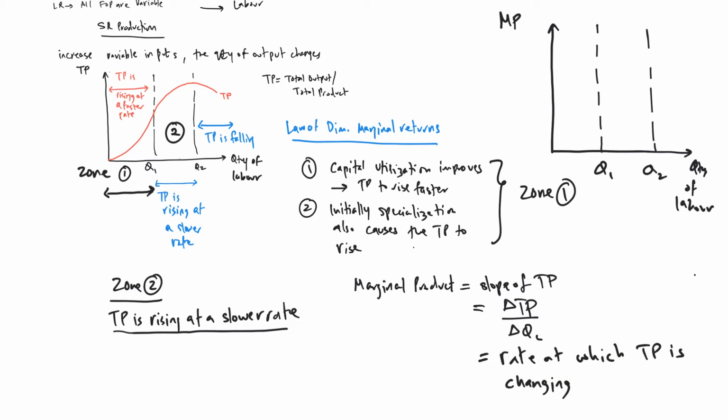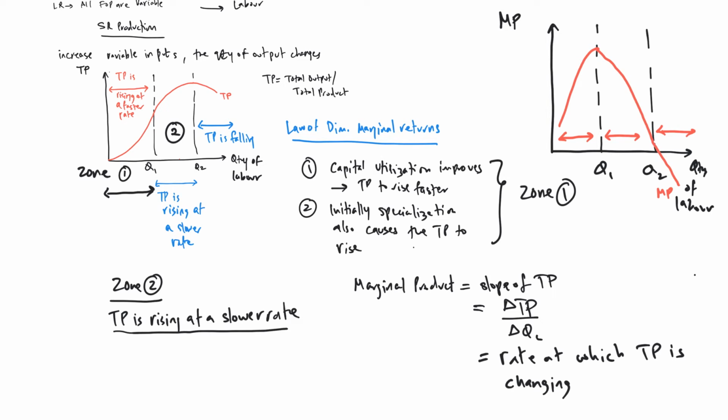Initially, TP is rising at a faster rate, so MP is rising. Then TP is rising at a slower rate, so MP is falling. And then TP is falling, so MP is negative. So my MP is rising, then MP is falling, and then MP is negative.